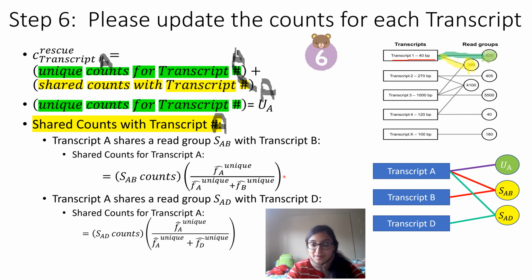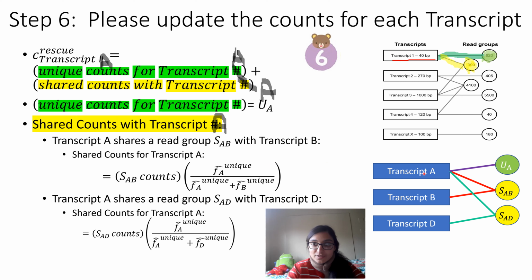If we look at those unique abundances, we can take A's fraction out of what A and B get. You're scaling it by the unique abundance for A divided by the unique abundances for A and B, so it's scaled based on how the unique abundance of A is relative to B.